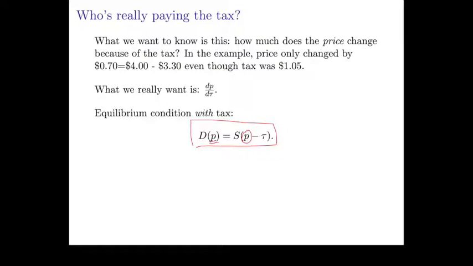Consumers pay P, but the producers only receive P minus tau and have to pay the government tau per unit. So in equilibrium, the quantity that the consumers demand at the price P is equal to the quantity supplied by the suppliers when the price is P minus tau.